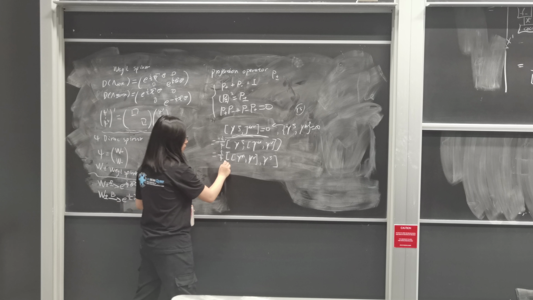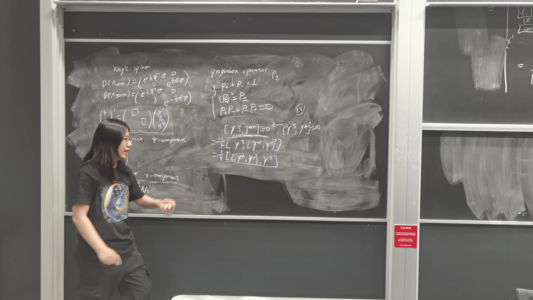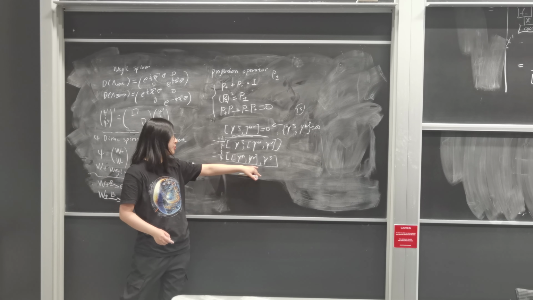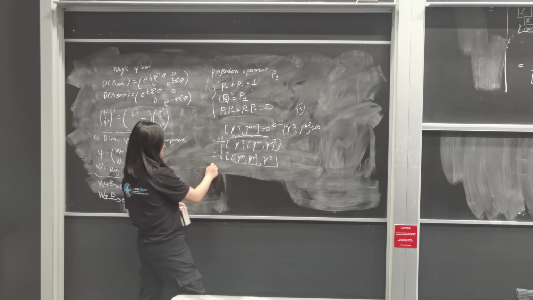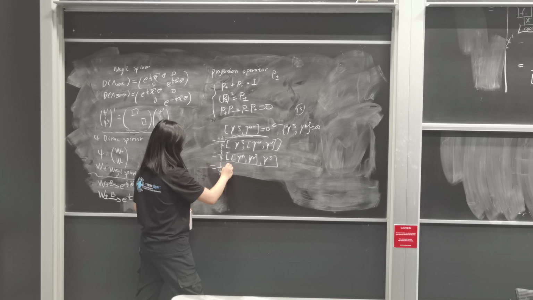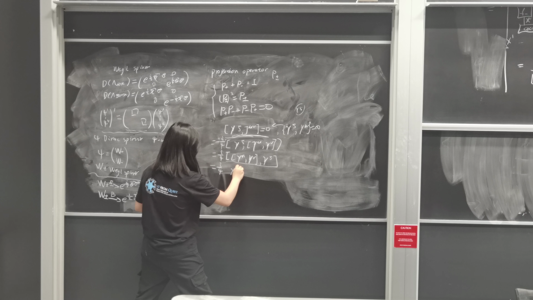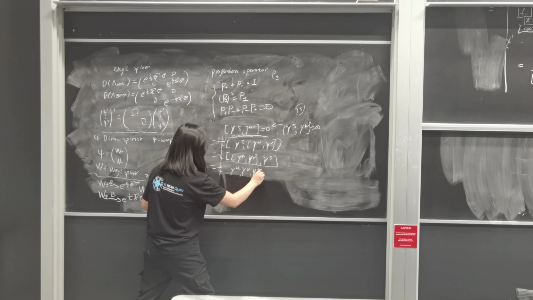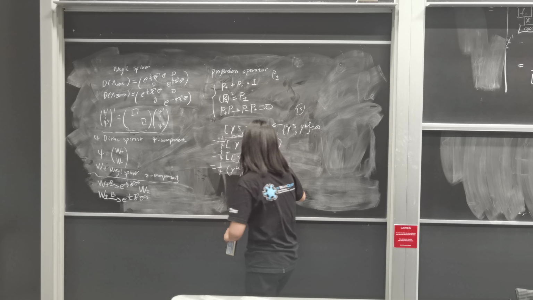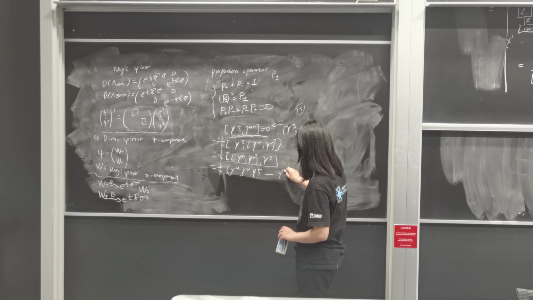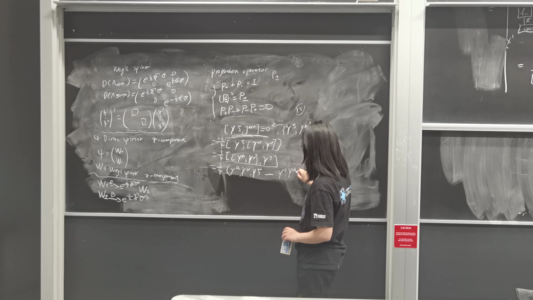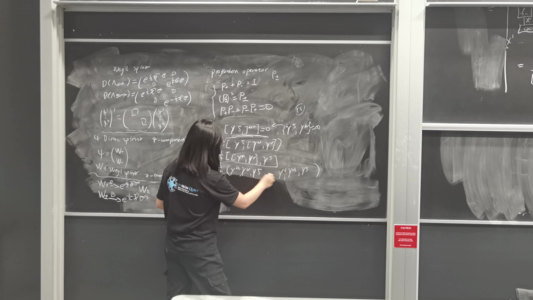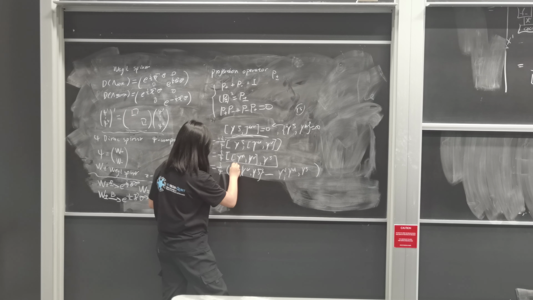And for this, we know a relationship. It can be some anti-commutators, gamma mu, gamma nu, gamma5.